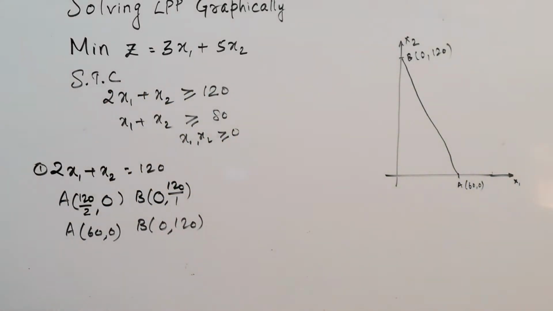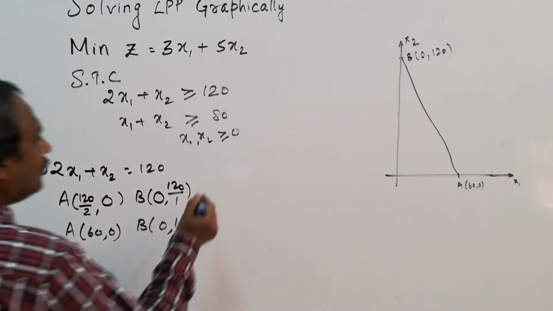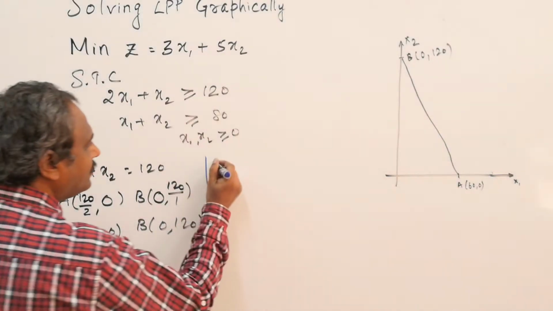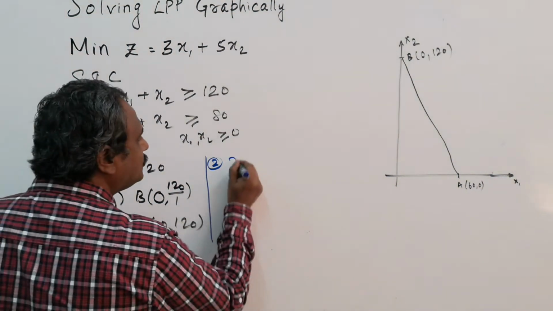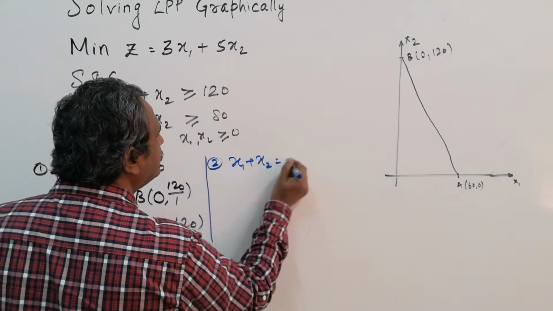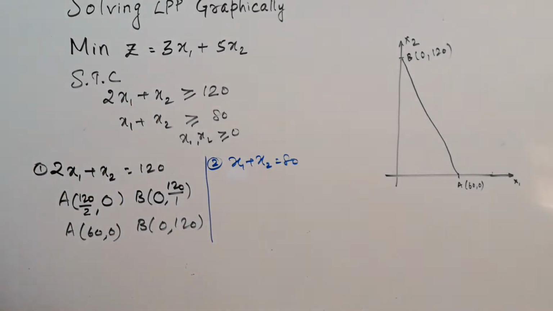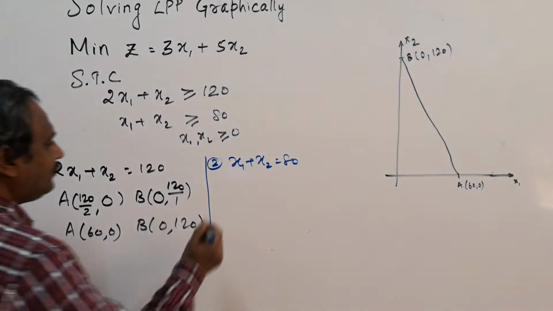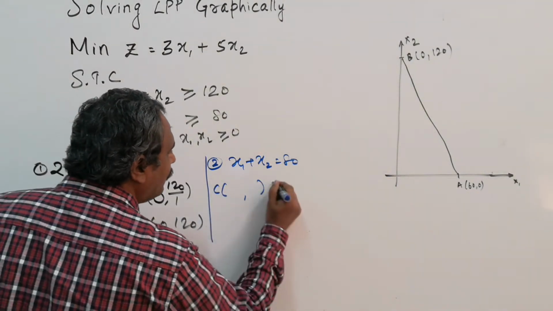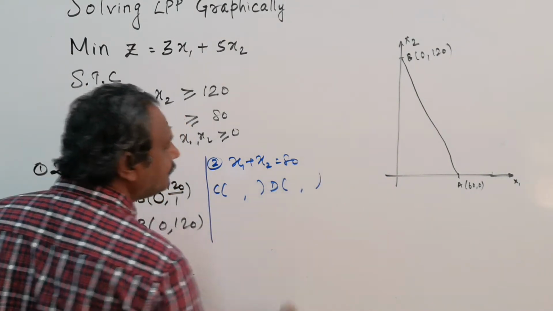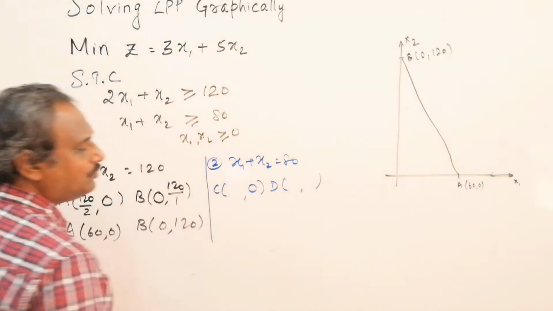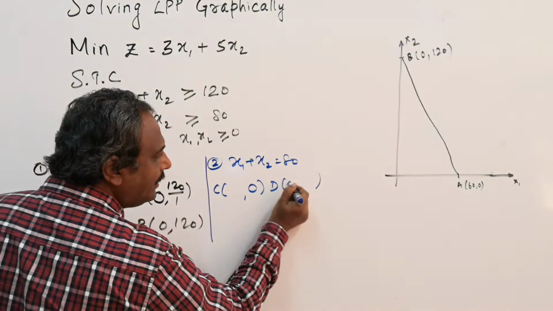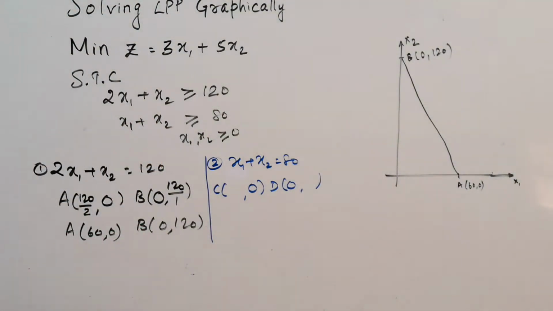In the same idea, I am going to consider the next equation. Equation 2 is x1 plus x2 is equal to 80. I am going to find point C and point D. Again the same principle: for point C I assume x2 value 0, and for point D we assume x1 value 0.